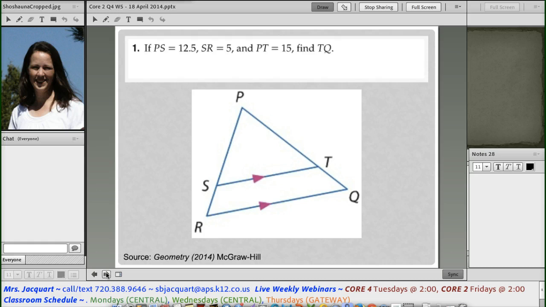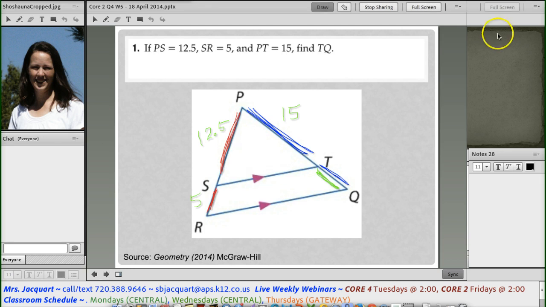Using that information, we have long red, short red, then long blue, short blue. What we want to find out is what TQ is. Where's TQ? TQ is here. So let's write everything we know. PT is 15, SR is 5, and PS is 12.5.